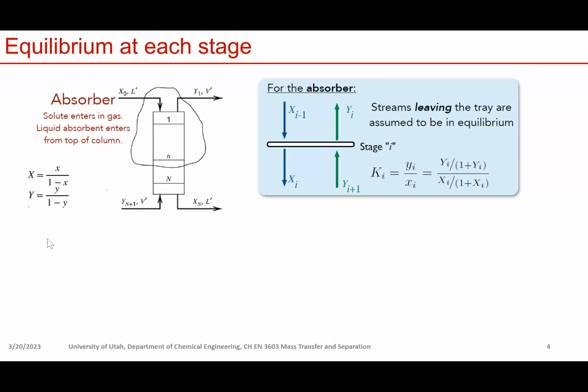Can you see this? So basically lowercase xi is this. Similarly, lowercase yi is just replacing uppercase Xi with Yi. So just plug it in here, replacing lowercase xi with this term.